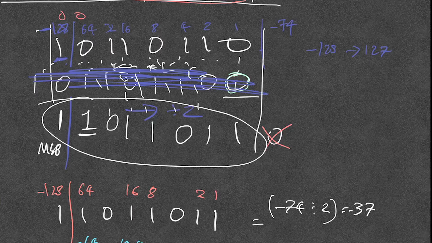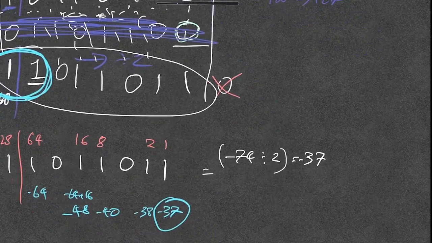So we've just proved that shifting everything to the right is minus 37 as we wanted it to be, as long as we don't mess up the most significant bit and we fill in any gaps with the value of the most significant bit.